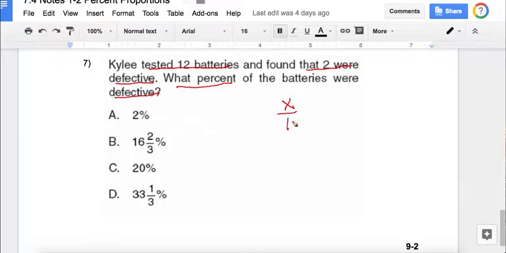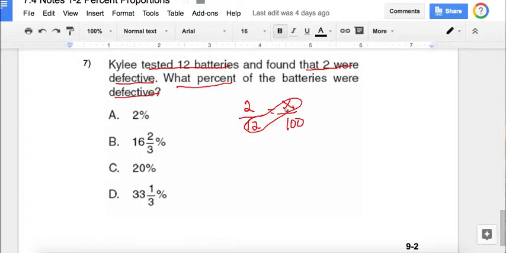We're looking for a percent, because it said what percent, and notice all the answers have a percent sign. So now it says what percent were defective? And we know we tested 12 batteries. So is 12 batteries all of them or part of them? That's correct. 12 is all of them, and then the ones that were defective is just part of them, because they weren't all defective, just part of them were.